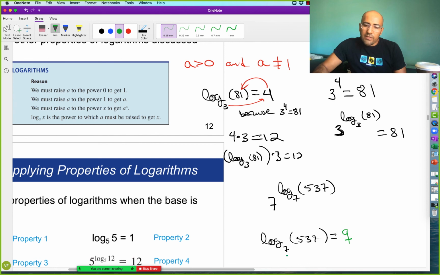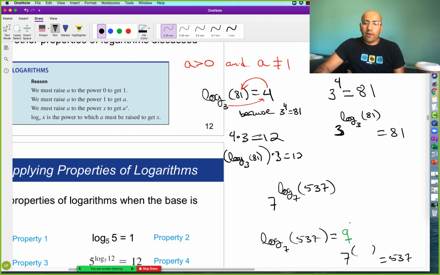What does that mean? It means that there is some decimal number out there such that 7 to that decimal number q equals 537, right? Q is that number.